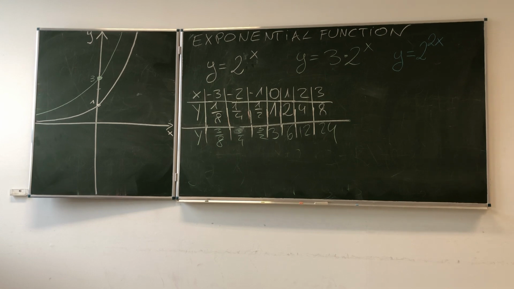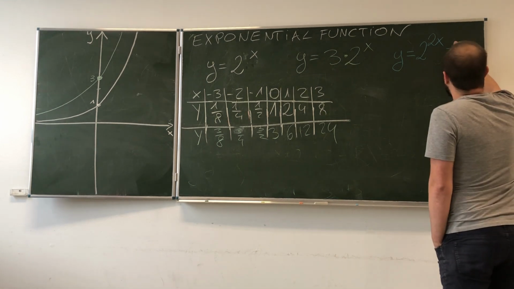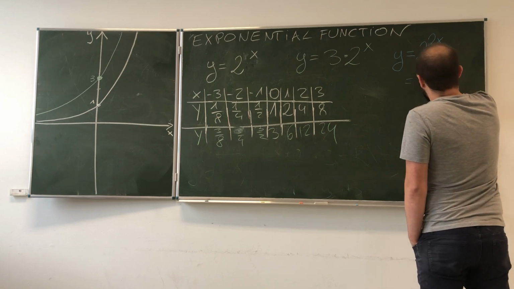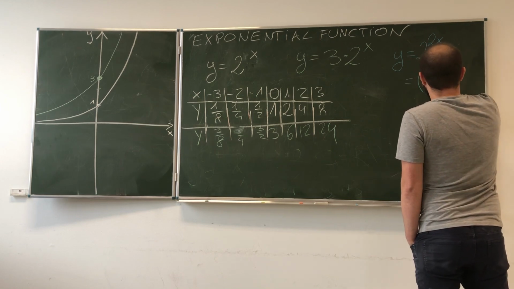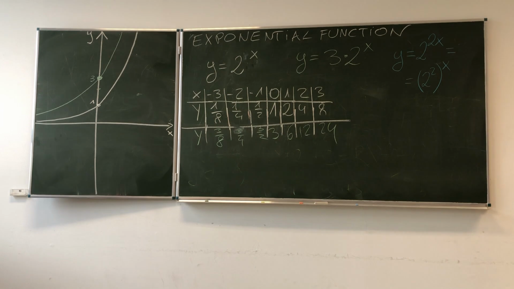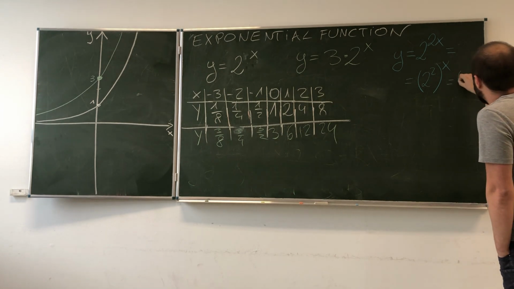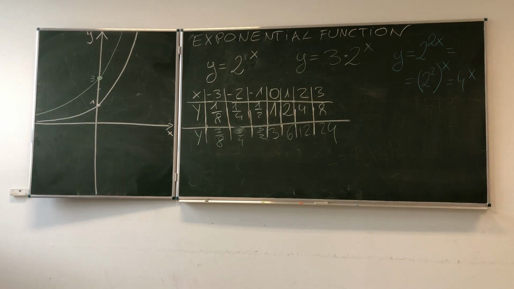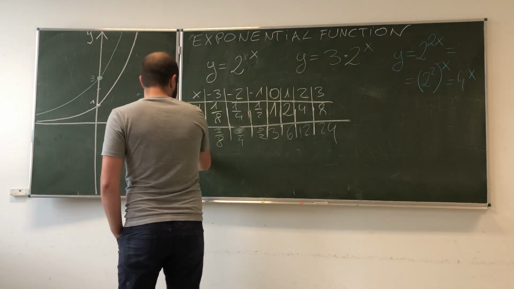But it's unnecessary. I'm just going to show that it is possible, but of course, look, this is the same as 2 to the power of 2 to the power of x, right? So we could write it as 4 to the power of x.